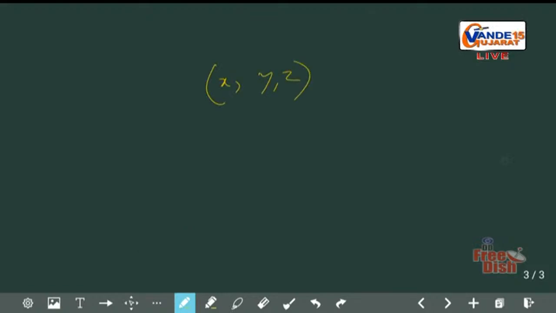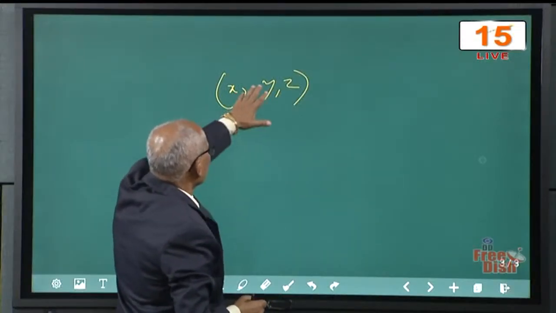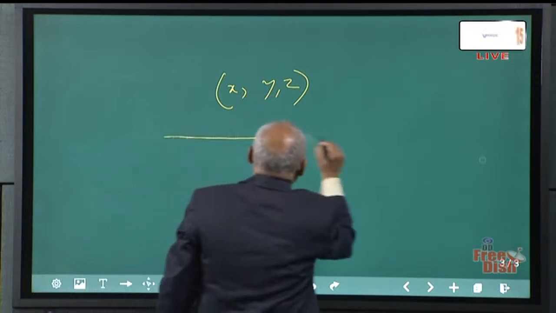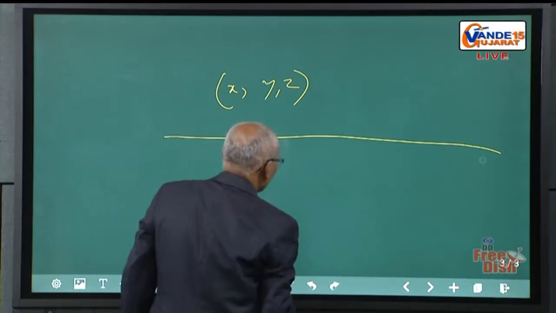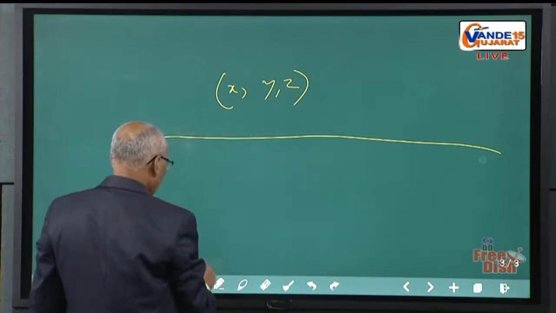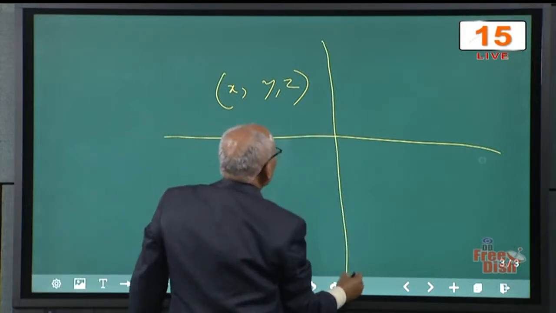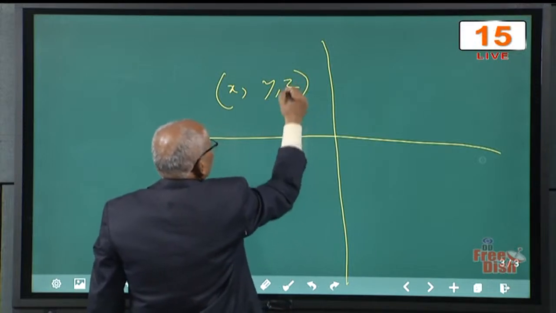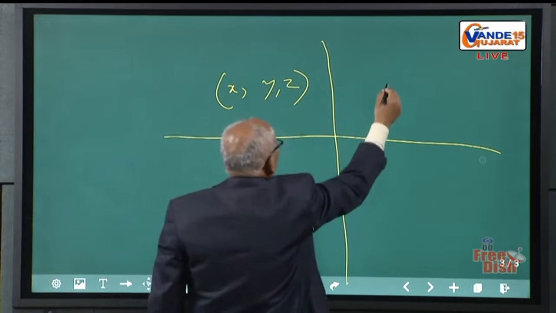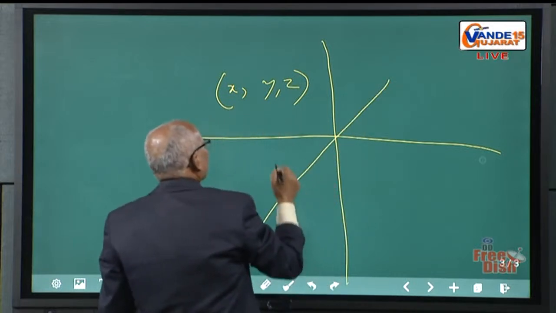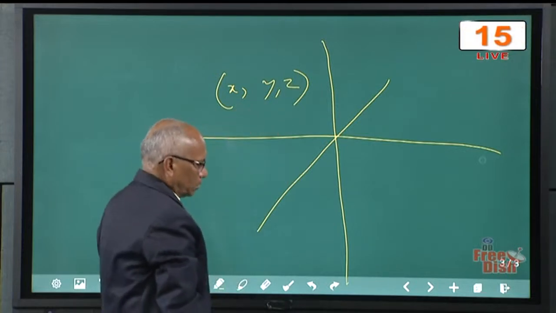When we work only with x and ignore y and z, then we move in a line, the number line. Is it not? And if we need to move in x and y, then we can ignore z. So, with x and y, 2 elements, we can work in a plane, and if we want to work on a 3 dimensional object, then we require x, y, and z. So, this is the first thing.